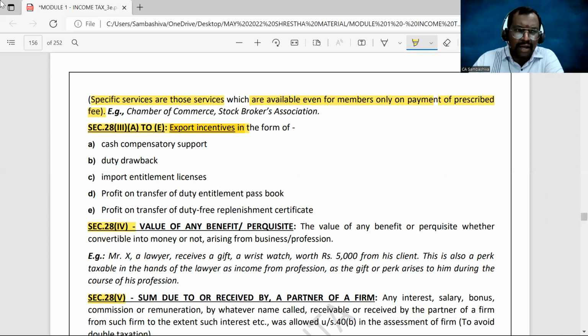So in order to encourage exports, we need to encourage the exporters, those who are doing exports. So what advantages and benefits are we providing to them? In the form of cash compensatory support. What do you mean by cash compensatory support?